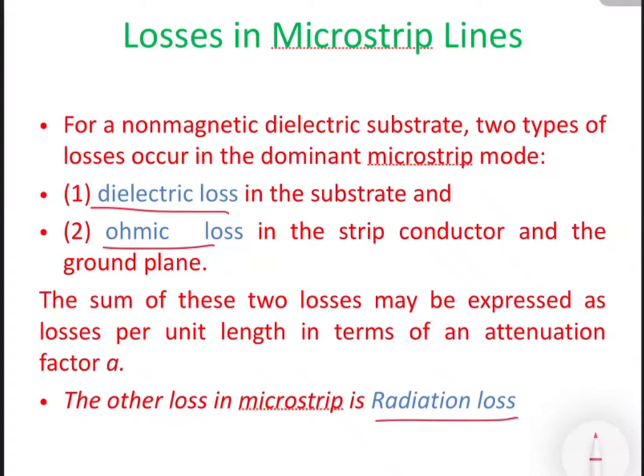Whenever a loss occurs, suppose you are transmitting a signal of 2 gigahertz through the device, then instead of 2 gigahertz, the final output you get will be around 1.8 gigahertz.